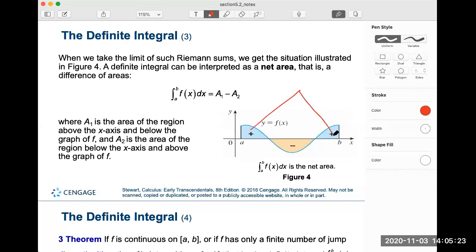So in this case, these two give us A1, and this one is A2, the area of this curve from a to b. Okay. So we can imagine this is the net area of the curve here.